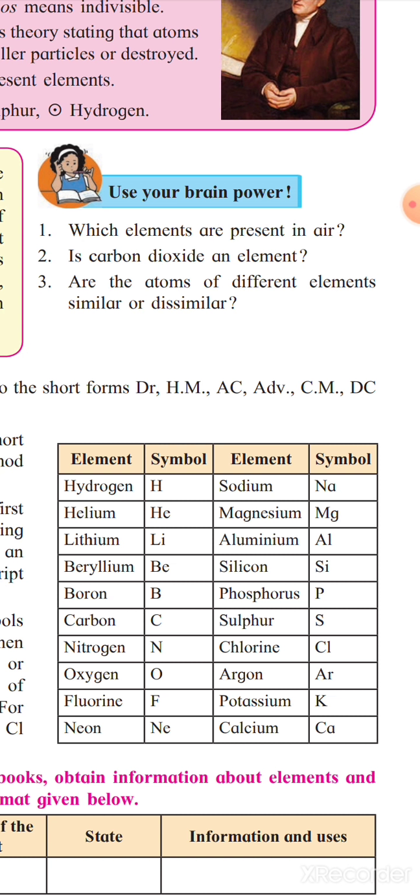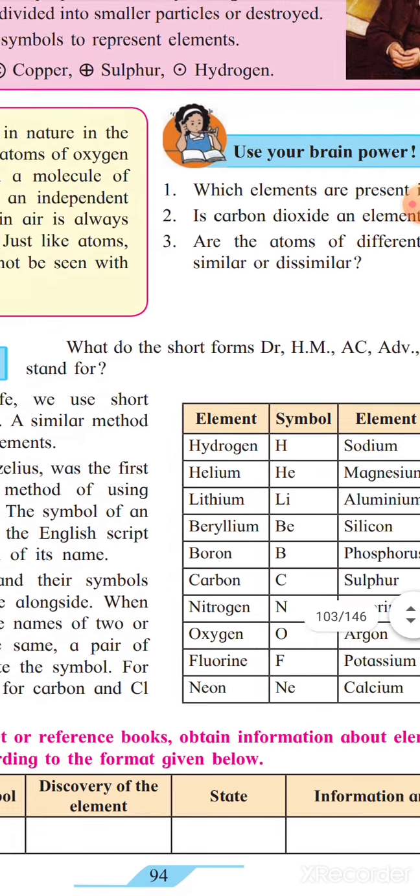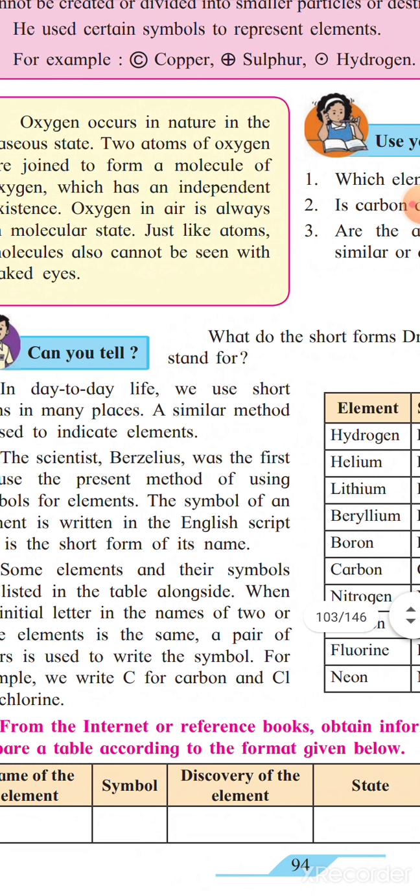Now, what do the short forms Dr, HM, AC, ADV, CM, DC stand for? As you know, in day-to-day life we use short forms in many places. A similar method we use to indicate the elements also.